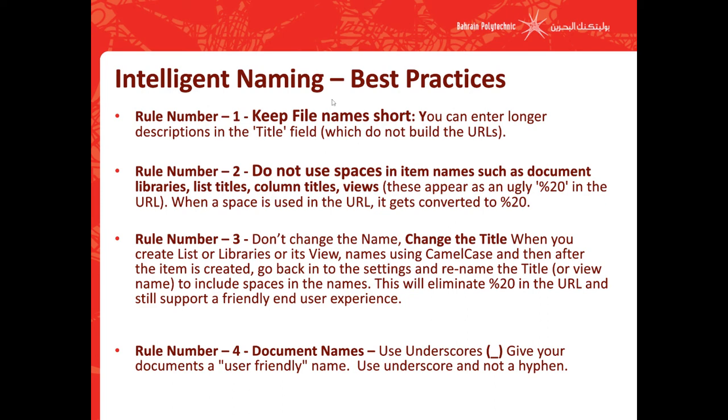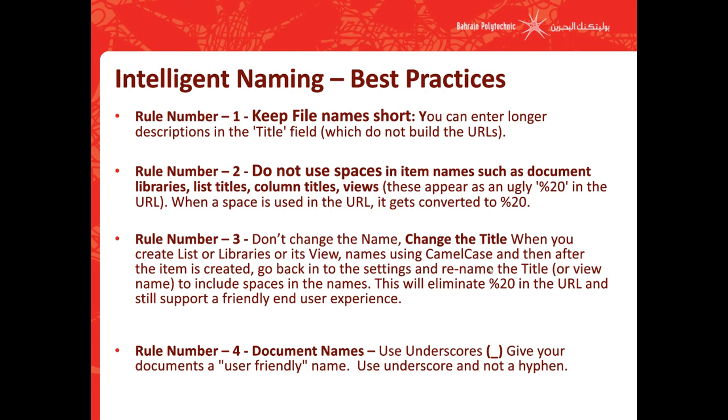Intelligent naming. Keep file names short. Don't use spaces in names of documents, libraries, lists, column titles or views. They add a %20 to the URL, and it looks ugly. Try not to change the name, change the title.